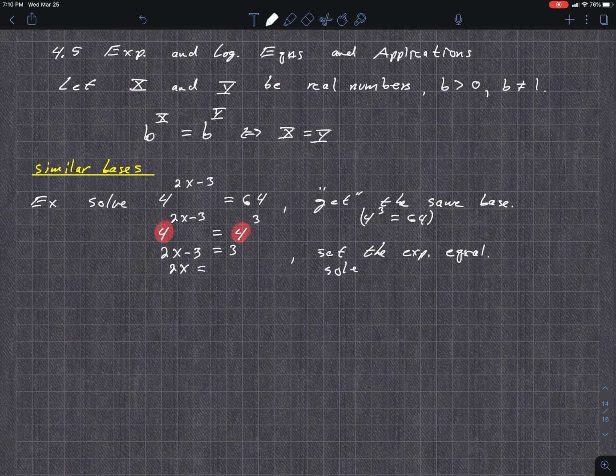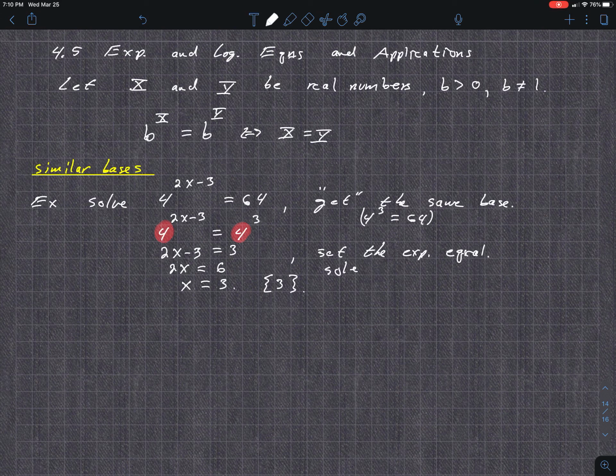Add 3 on both sides and you get 2x equal to 6, then divide by 2, and x is equal to 3. With exponentials, since the domain is all reals, whatever you get, that's the solution. So the solution is 3.